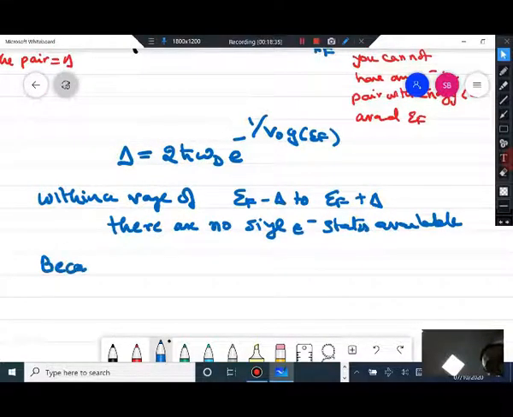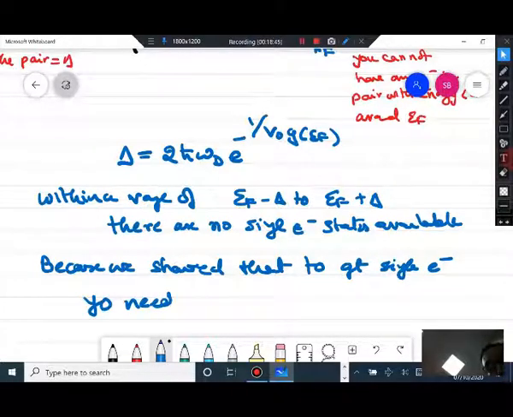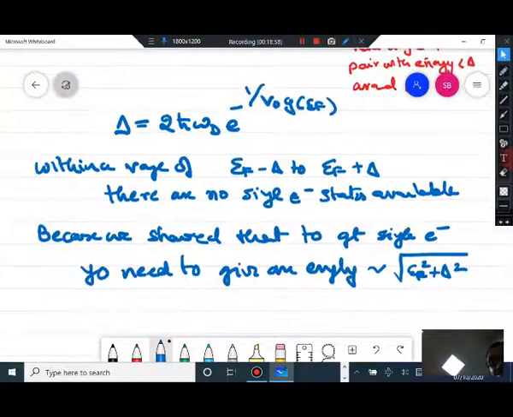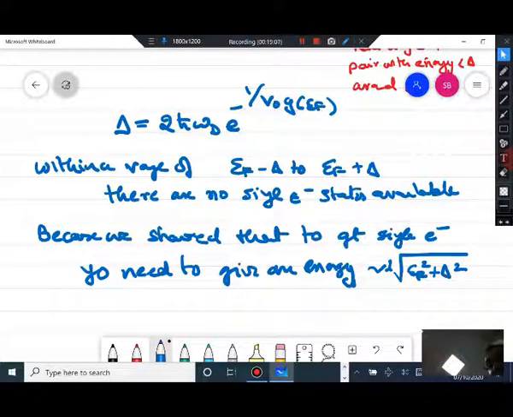Because we showed that to get single electrons you need to give an energy which is of the order of the square root of epsilon k square plus delta square, for 2 electrons.